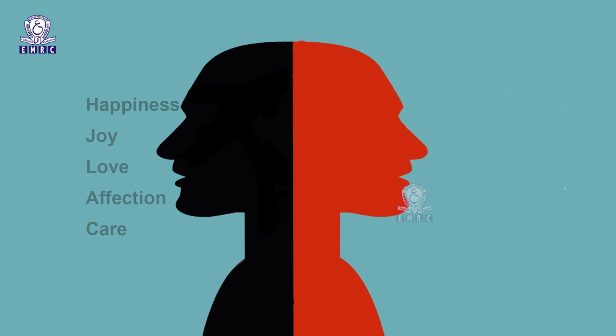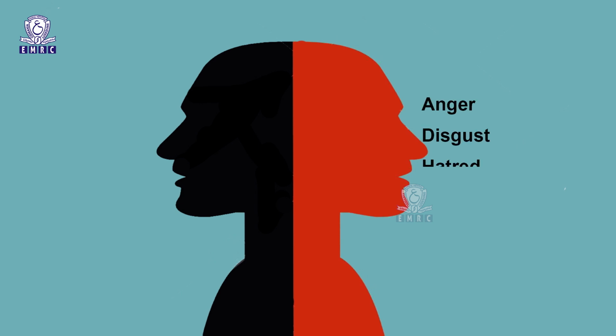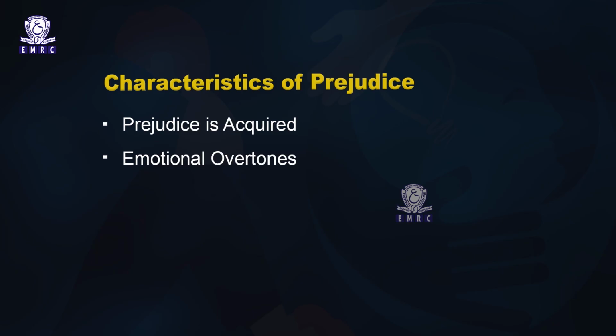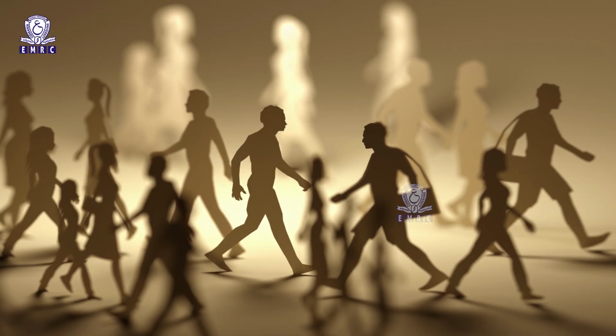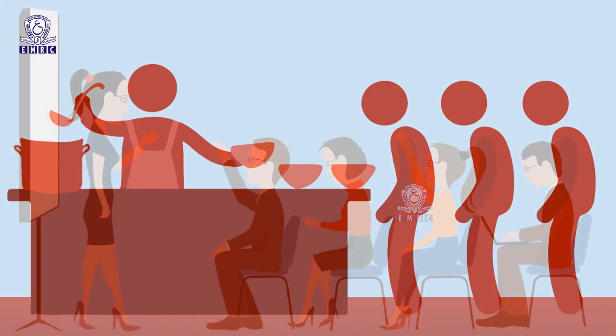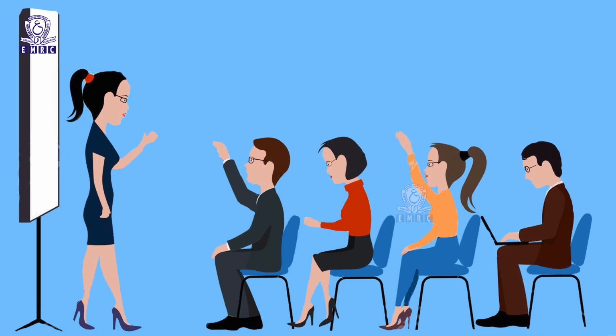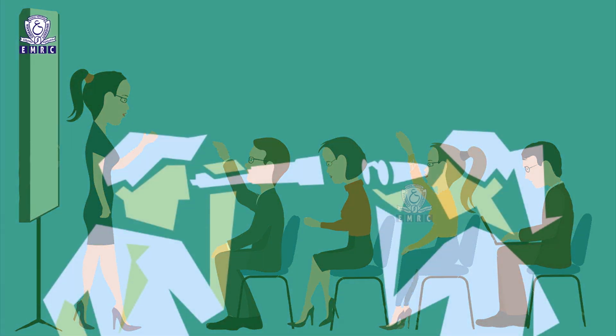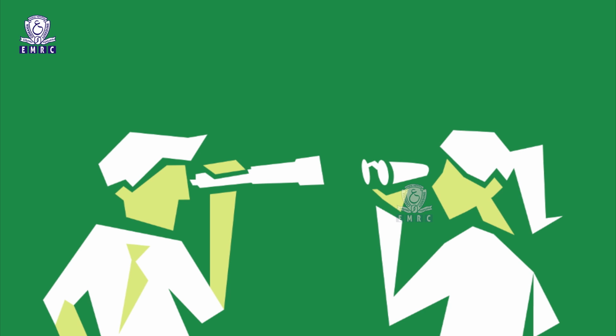If they do not like, they would exhibit the feelings of anger, disgust, hatred, hostility, and envy. The third characteristic of prejudice is irrational. Prejudice does not always result in logic and wisdom. People engage in acts without looking into the facts and mostly without any reason. Even if facts are placed, they would not believe but go ahead with what the group is doing.